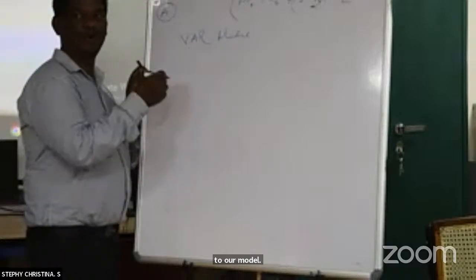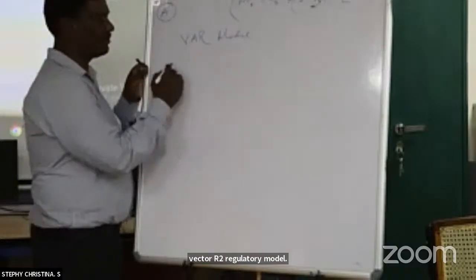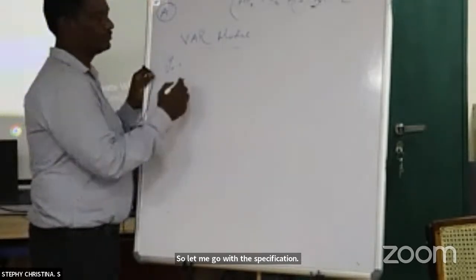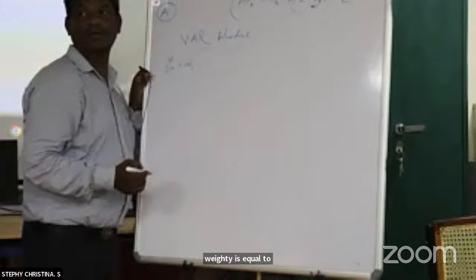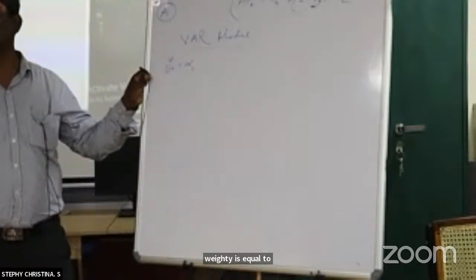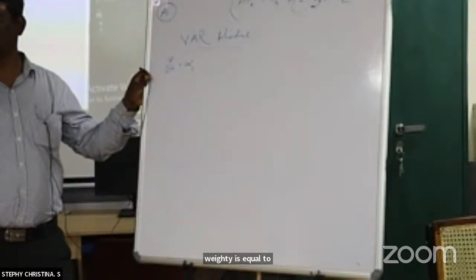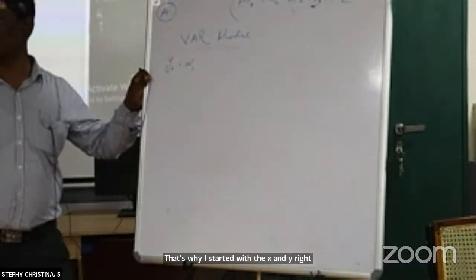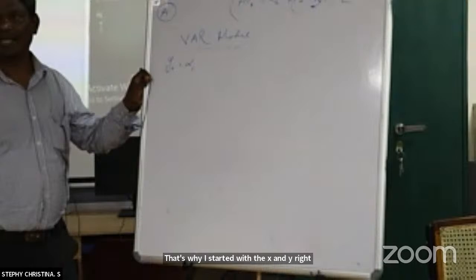So let me go with the specification. Yt is equal to alpha 1. How many variables are required here? Two variables, because I started with x and y, right? Any example you can take from your area of x and y.